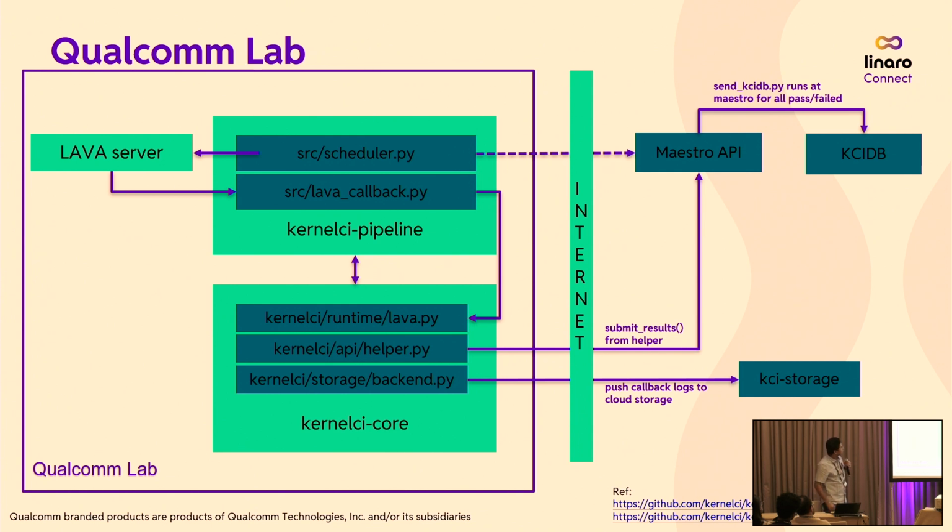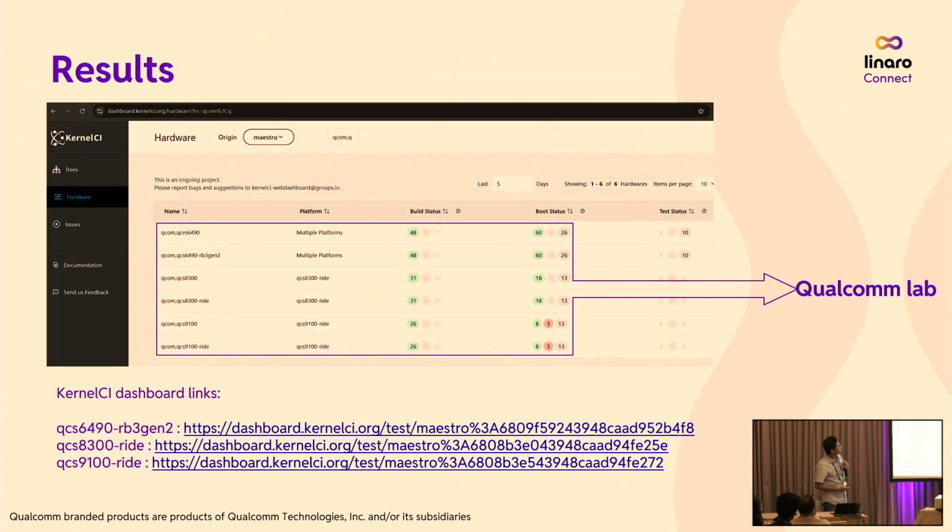So this is what the Kernel CI lab architecture looks like. This is very recent, not very old, I think two to three weeks back. We completed the pipeline, and now a few of our devices are already showing in the Kernel CI dashboard.